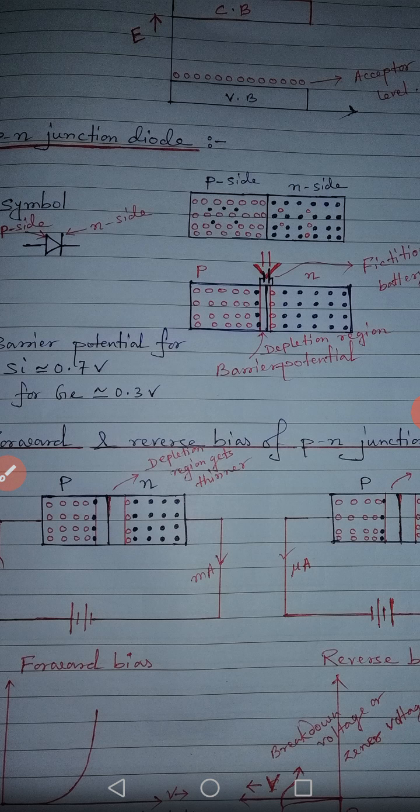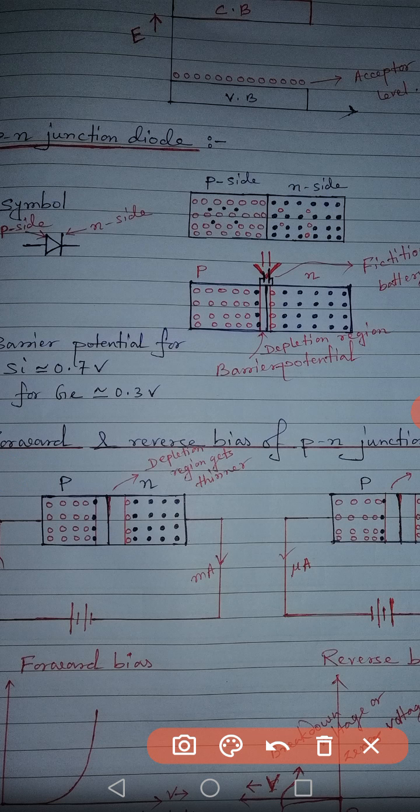When the p side and n side are combined, what will happen? Some of the electrons from the n side will diffuse to the p side. Diffusion is the process of movement of particles from a higher concentration region to a lower concentration region.